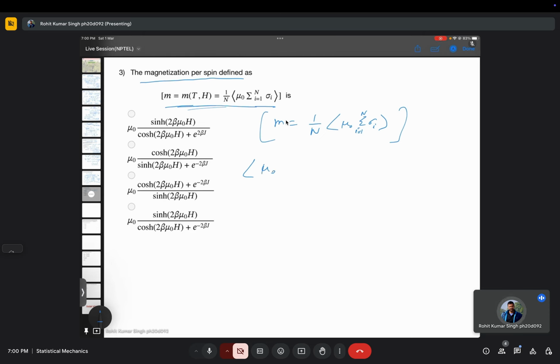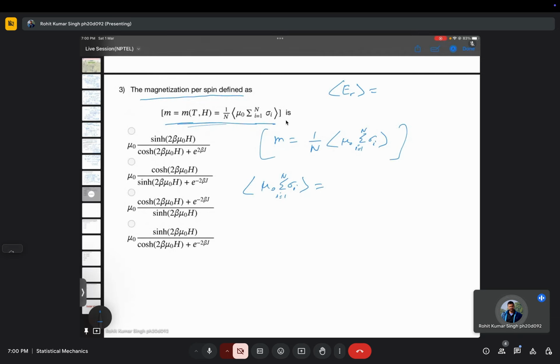So this quantity, as we wrote earlier, has an exponential. We calculate the average of any quantity like this, so we can write similarly for this also, right? This is just 1 over Q_N, the sum over this quantity, mu naught sigma i, e to the power minus beta H, right?